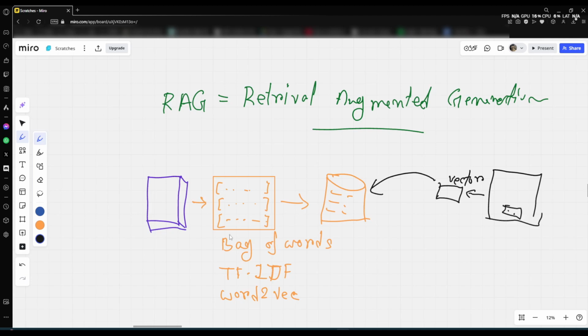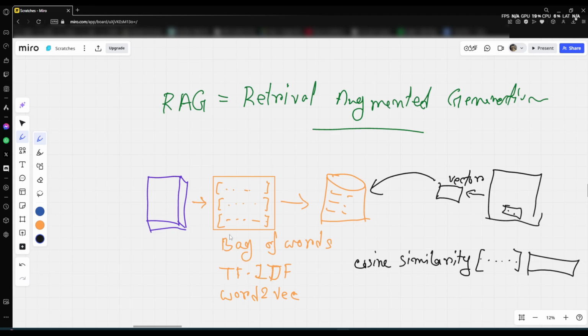Then we will compare this vector. We'll do the cosine similarity, and it will compare the vector of the question we asked with the other vectors from this database.